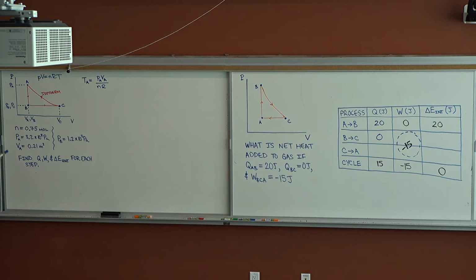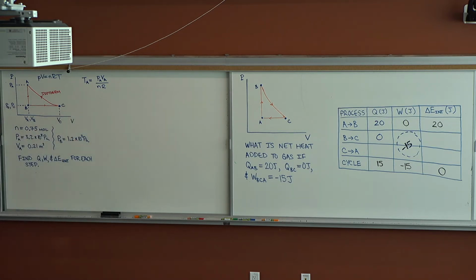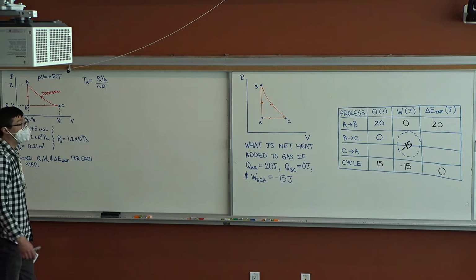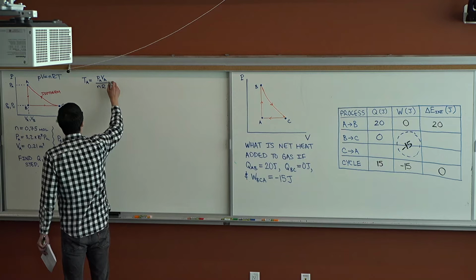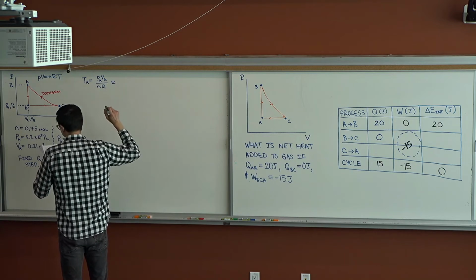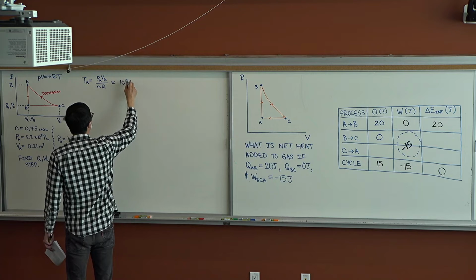If we plug in 3.2 times 10 to the 3 Pascal for pressure at A, 0.21 cubic meters for volume at A, 0.75 mole for n, and the ideal gas constant, 8.314 joules per mole Kelvin, then I do believe that this is 108 Kelvin.